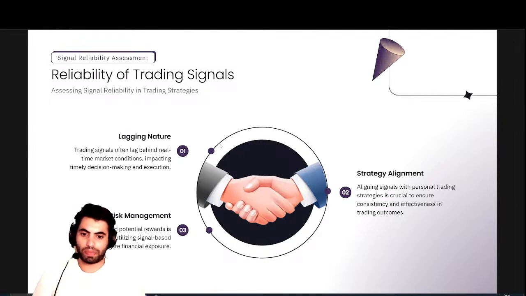For example, you pay $100 for the challenge, and if you pass it, you will get an account with $100,000 in it.